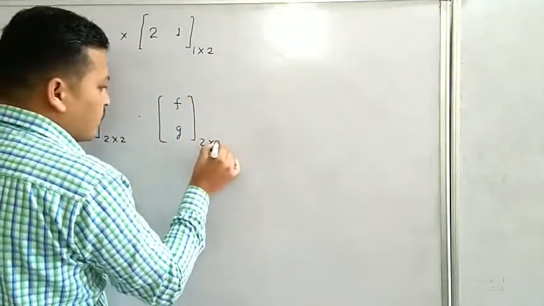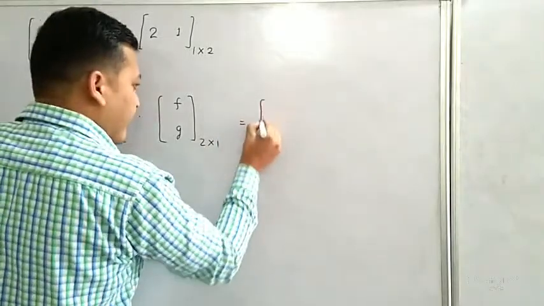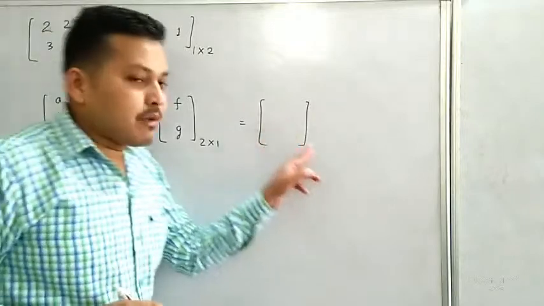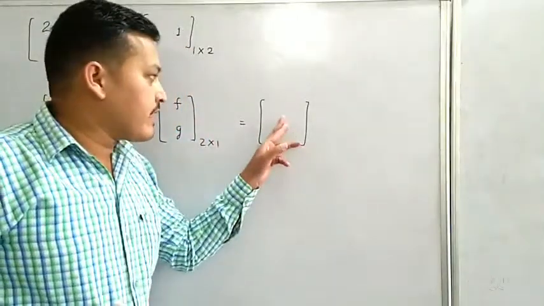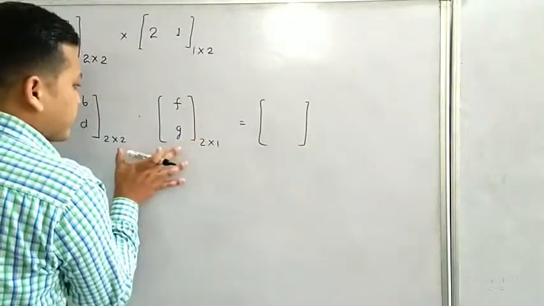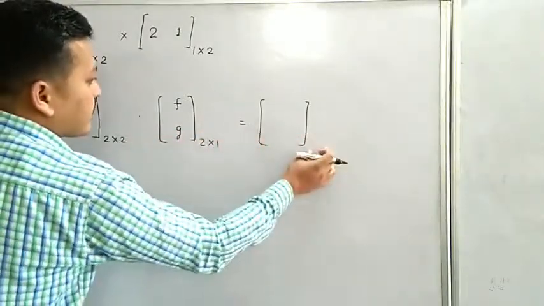We will get the answer from the product of these two matrices. What will be the order of the answer that comes out with the help of these matrices?